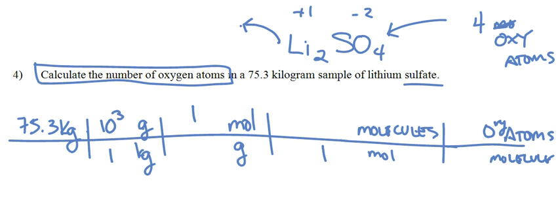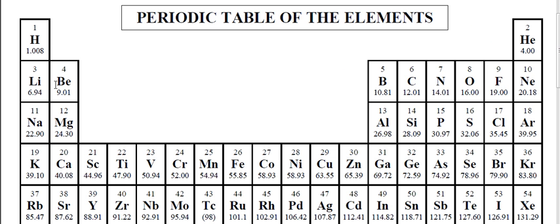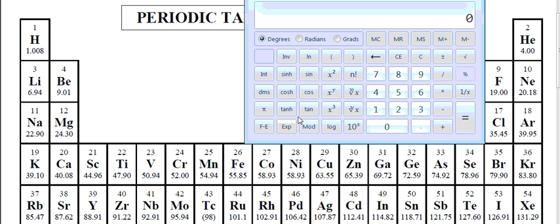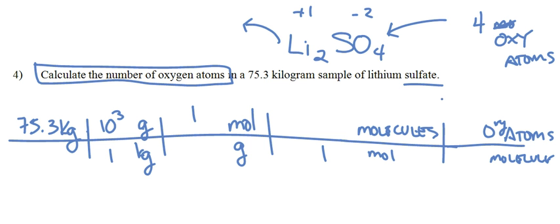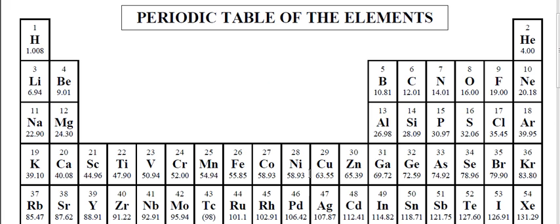So let's figure out what the molar mass of that is. So 2 lithiums, 6.94. So 2 times 6.94 plus, I'm going to use parentheses here. How many sulfates or sulfurs do we have? We have 1 sulfur. So sulfur is 32.06.